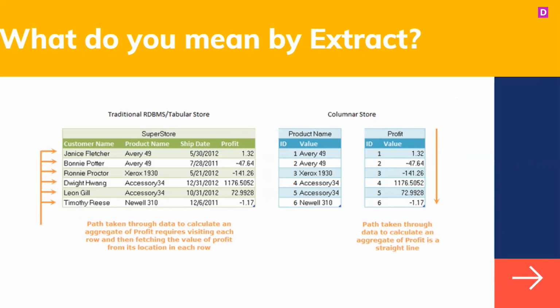Whenever Tableau is creating a data extract, it is going to define the structure for the TDE, and then create separate files for each column if it is a columnar store.